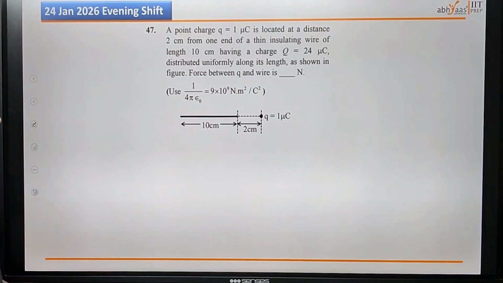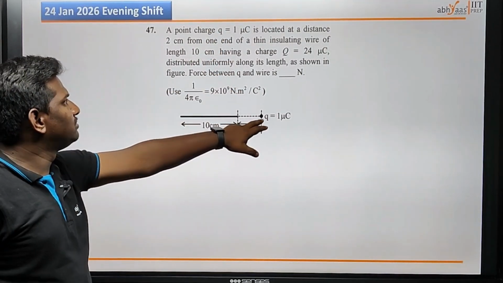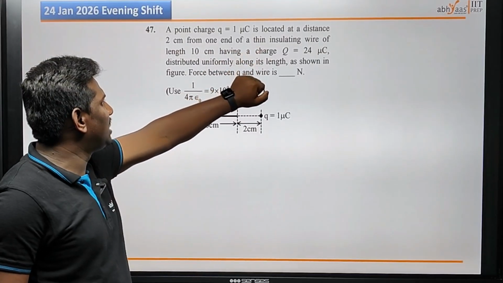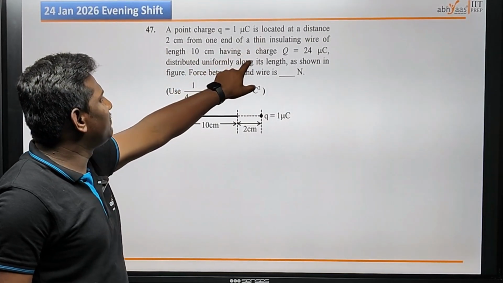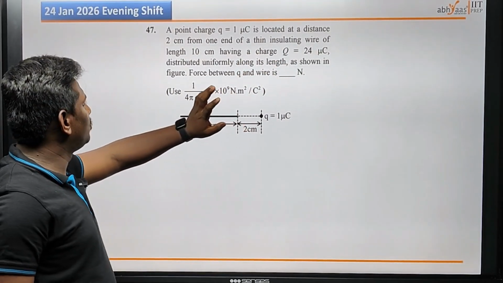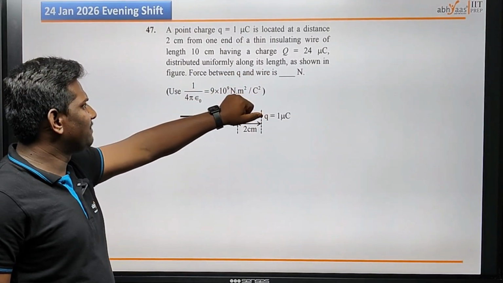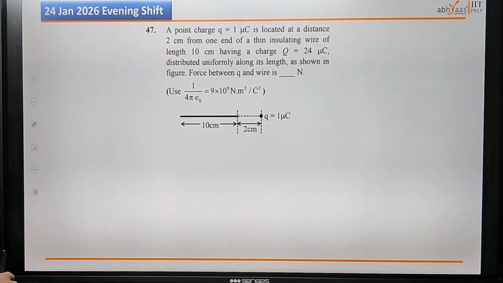Question number 47. A point charge of 1 microcoulomb is located at a 2 centimeter distance from one end of a thin insulating wire of length 10 centimeter. The rod has a charge of 24 microcoulomb, distributed uniformly along its length as shown in the figure. Find the force between Q and the wire.